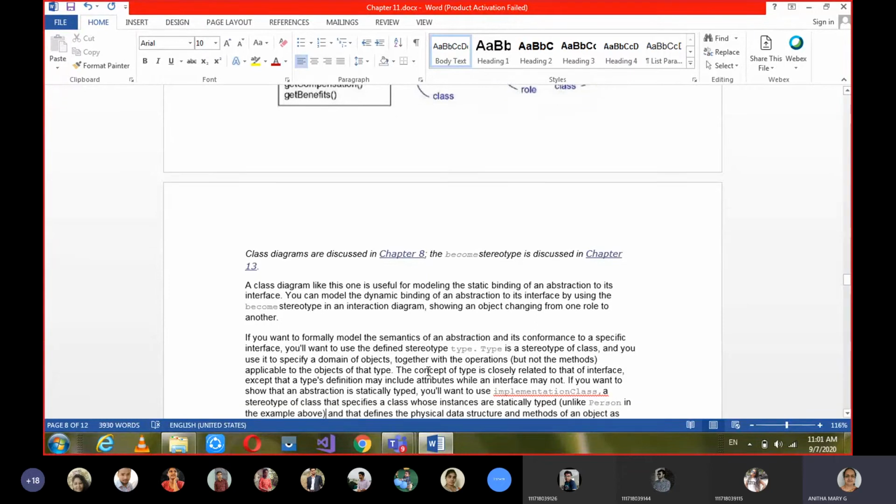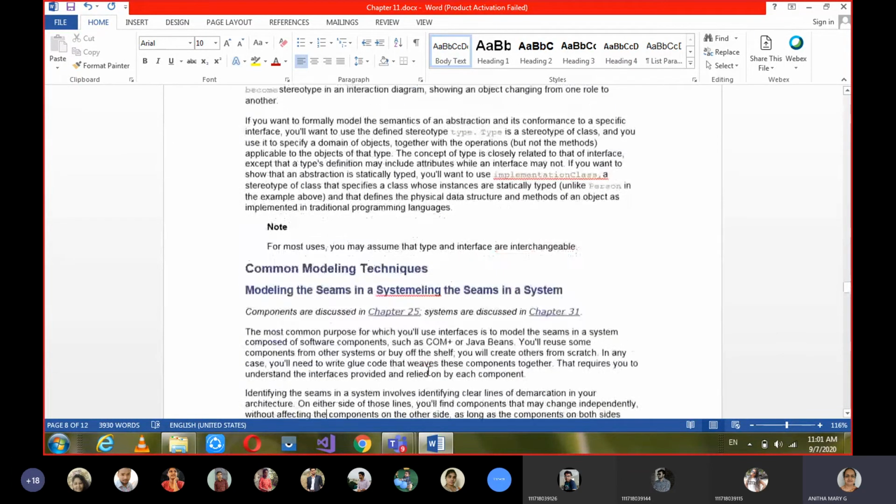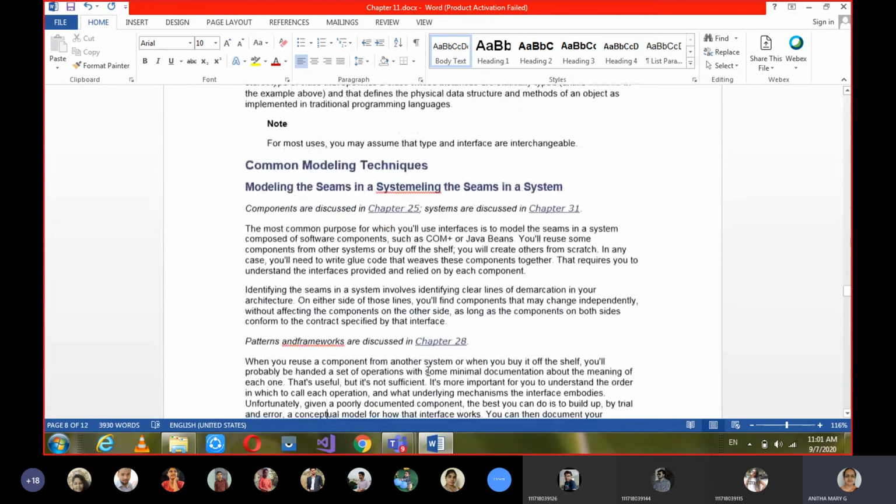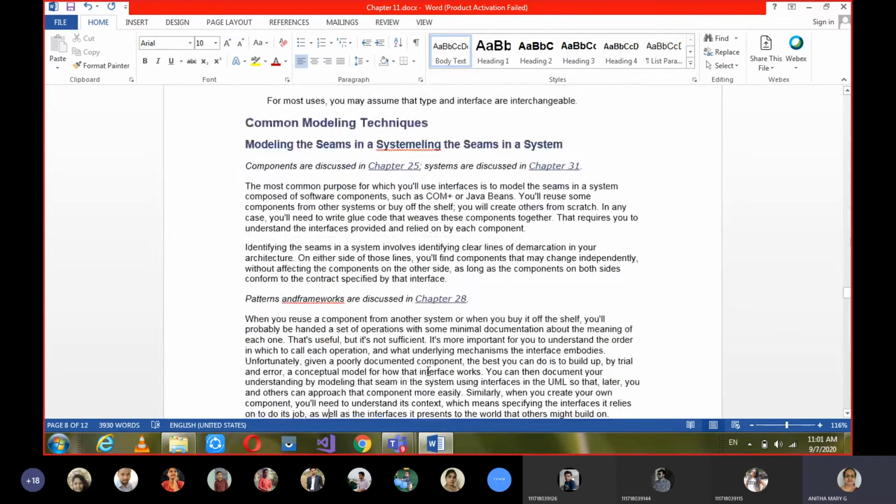And relationships: we can also specify the relationships and collaborations among interfaces. It can be dependency, association or realization, based on the context. And understanding an interface: where exactly we can get a clear picture of an interface and how it can be approached.